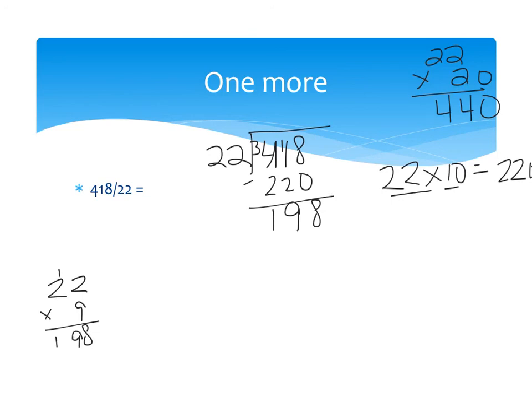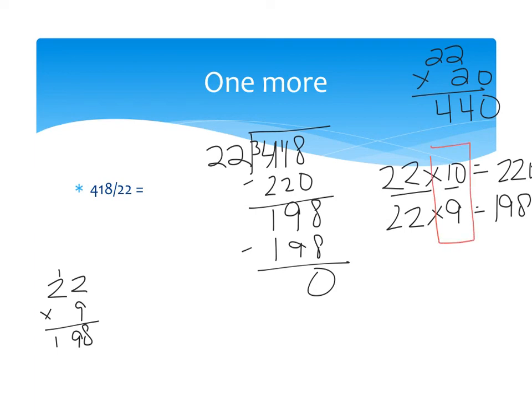Right on the money. 22 times 9 equals 198. Subtract 198. I don't have a remainder in this problem, so I just need to add up those factors. 10 plus 9 is 19. Starting in the tens place to write my quotient because 22 doesn't divide into 4, but it does divide into 41. 19 is my quotient here.